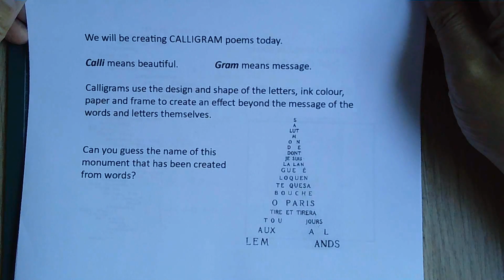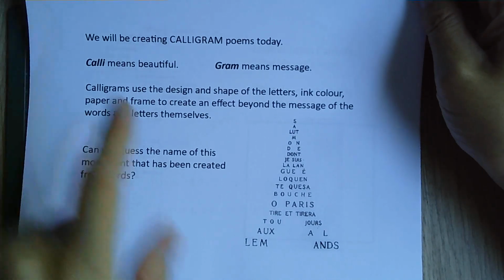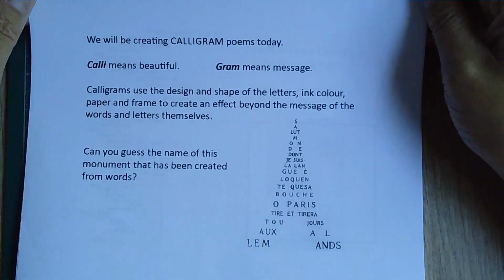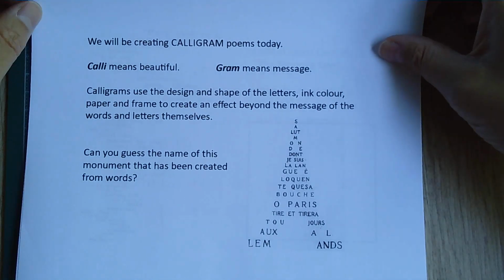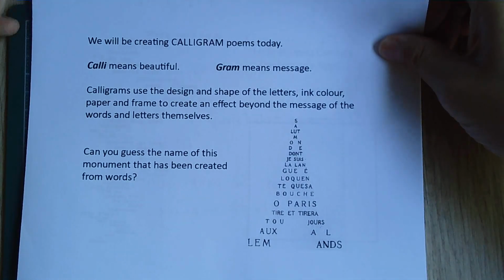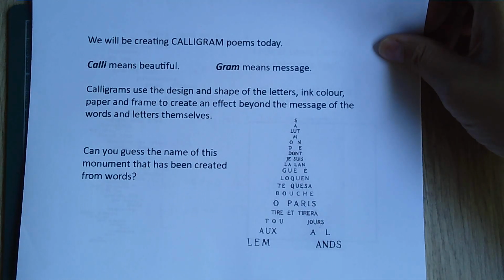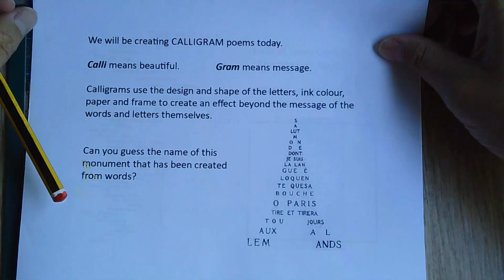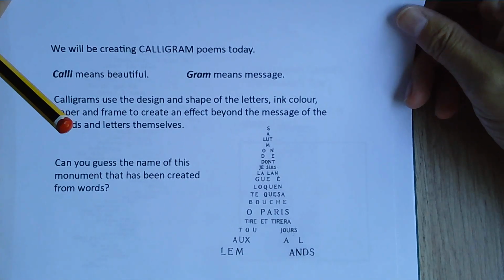So if you take a look at the calligram here on the right, I wonder if you can guess the name of the monument that's been created from the words. Now, we've been studying Paris, so perhaps it is quite obvious. Tell me? Yes, well done.